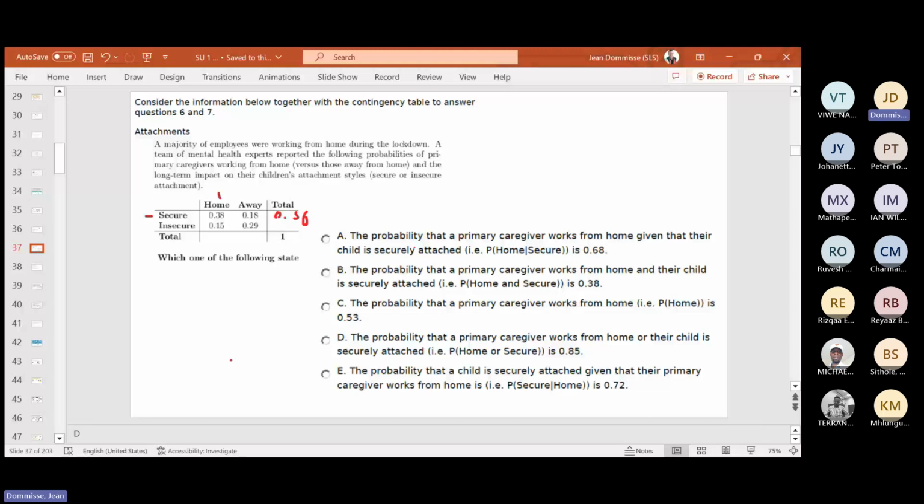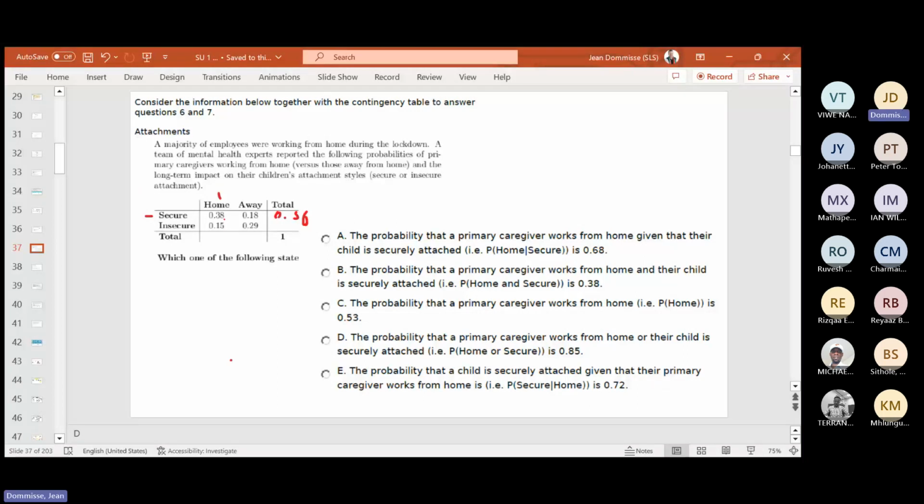Okay, so then if we look at how we write the probability, it's the probability of home given secure. We also need the probability of home, which is, what is it?